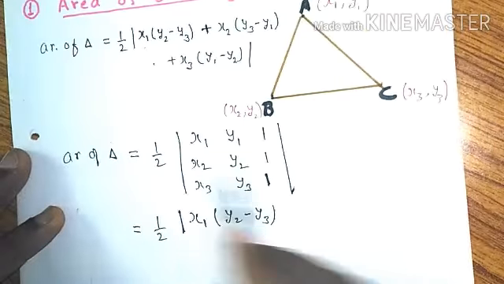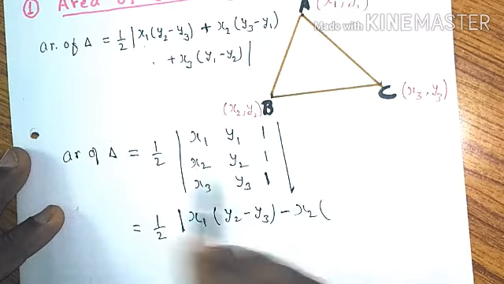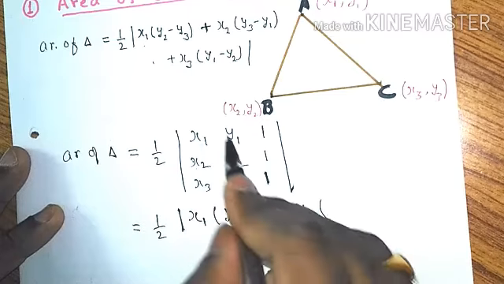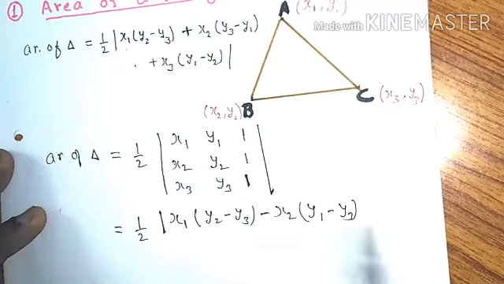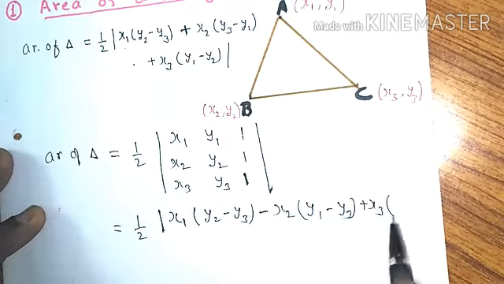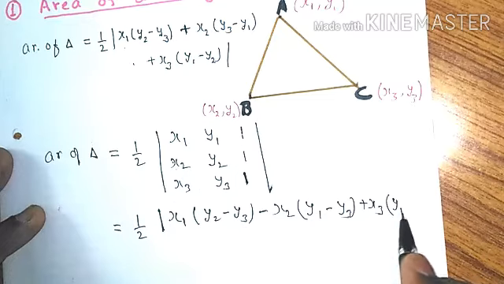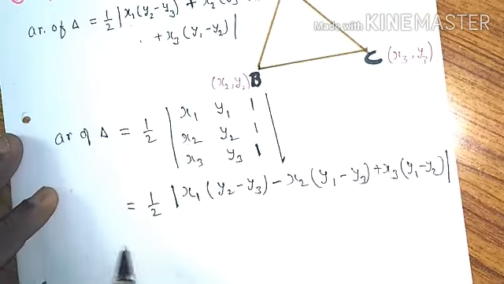Then comes x2, which is in an even place, so I write minus x2, deleting its row and column, y1 minus y3. Then the third is x3, deleting its row and column, this will be y1 minus y2.